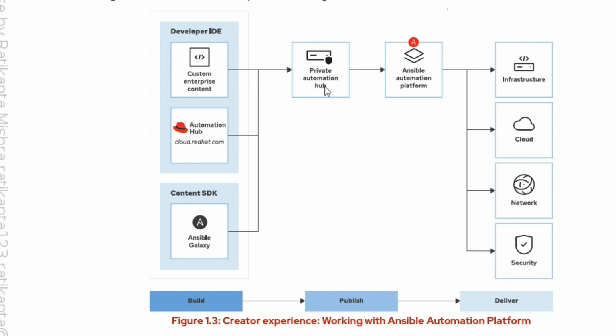You are going to check the public automation hub, where the collection must be, as it is the public one. This collection will first come to your private automation hub, then you can use it. From next time, if you need it again, you don't need to go to cloud.redhat.com again. You can access it locally, from the private automation hub itself.